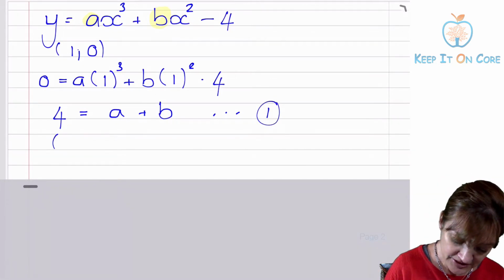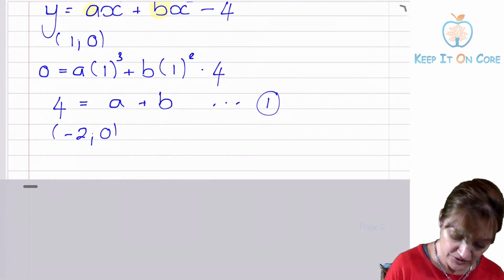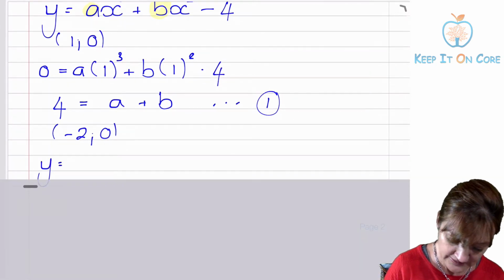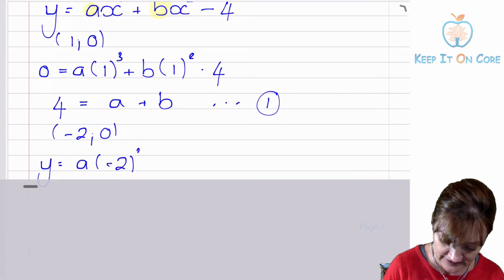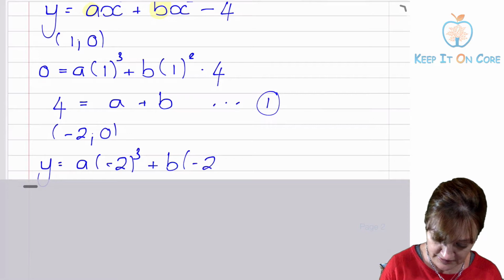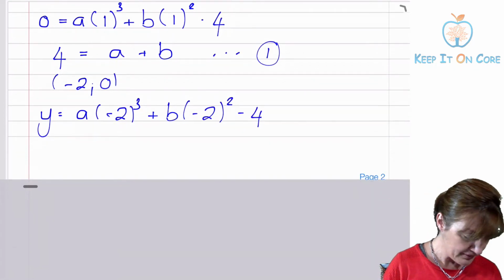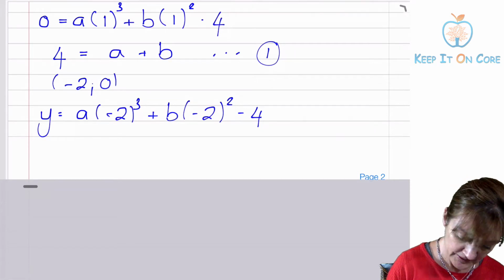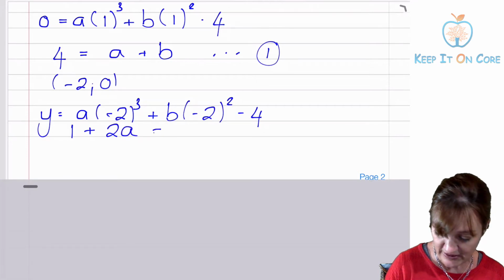Now I'm going to substitute in the -2 and 0. Same story: y equals, instead of all the x's, we're substituting -2's, squared, minus 4. What does that simplify to? I'm just going to save all the working out. We land up with 1 plus 2a equals b.